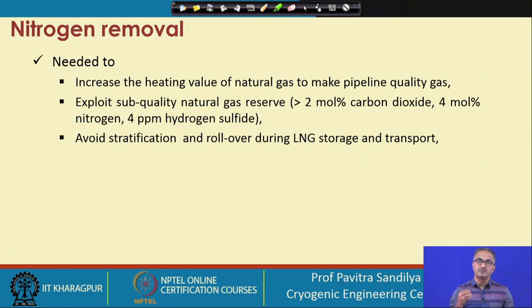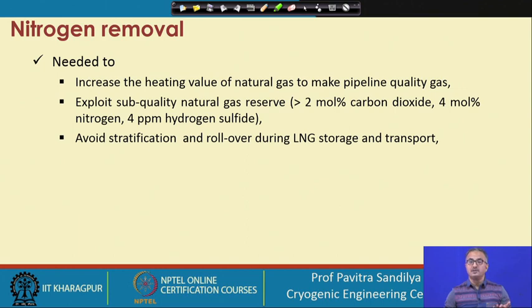With time, the heavier layer at the bottom starts expanding, and suddenly there could be a breakdown, due to which the whole mass of the liquid gets into a rollover phenomenon, that is, the top liquid comes down and the bottom liquid moves up. This is the rollover phenomenon that occurs during thermal stratification, and this happens during LNG storage.